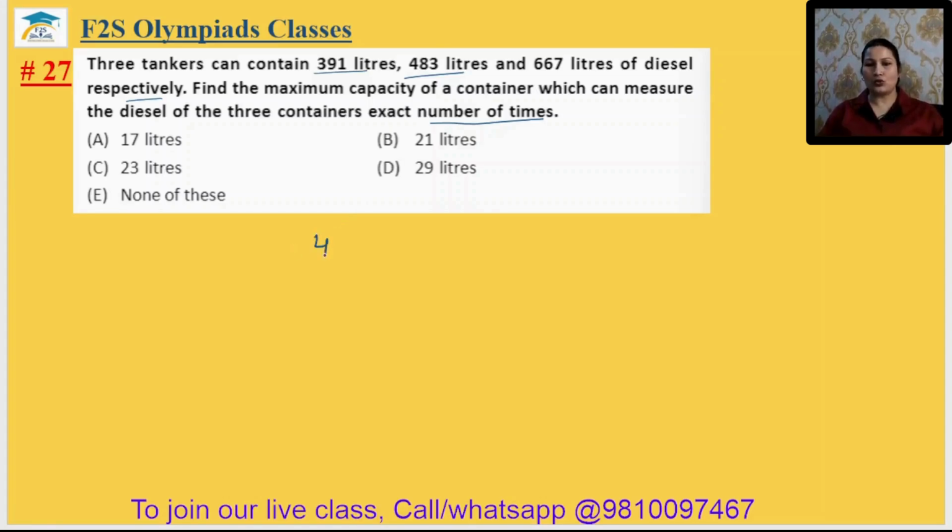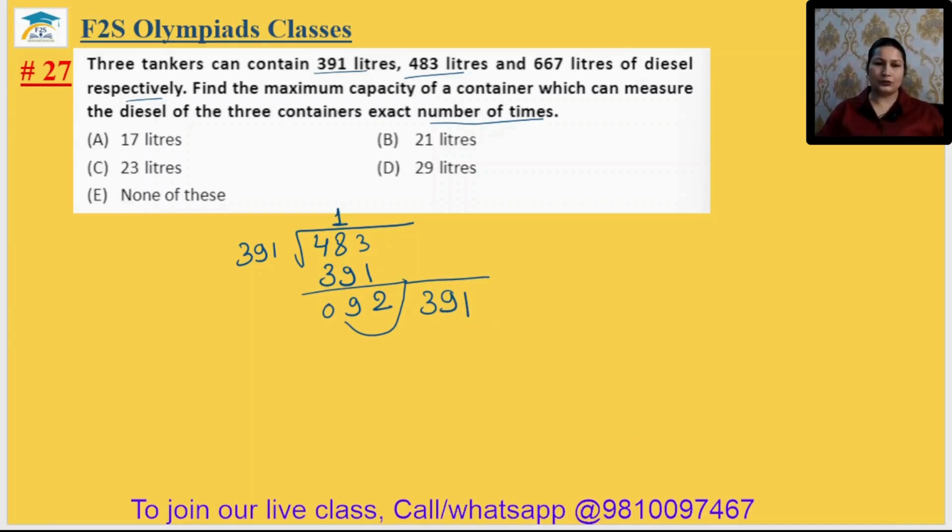Okay, so 483 divided by 391. We can take 1 one is 391. 3 minus 1, 2. 18 minus 9, it will be 9 and 0. 92 divided by 3 and 9, 1. So 92 multiplied by 3, we will get 276.